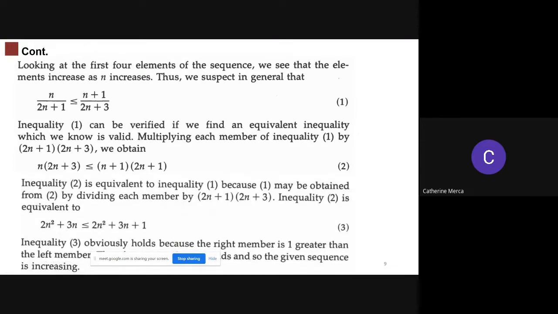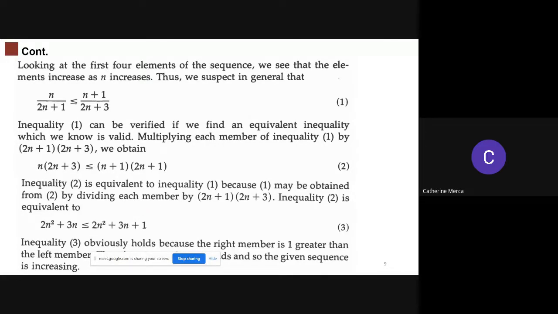That becomes 2n squared plus 3n is less than or equal to, when you multiply these two, 2n squared plus 3n plus 1. Which is true. Why? 2n squared plus 3n is less than or equal to 2n squared plus 3n plus 1, because this one has a plus 1.